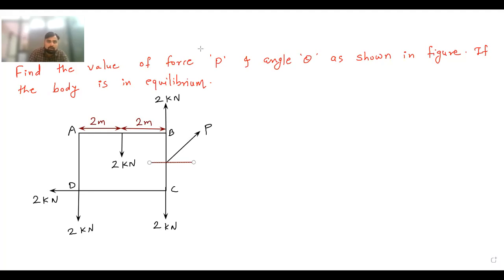You can draw a horizontal and vertical line anywhere, there is no limitation. So these distances are also 2 meters. And the angle of force P, this angle is theta. We need to find the value of force P and the value of this angle theta.